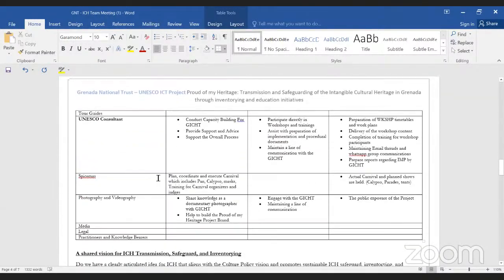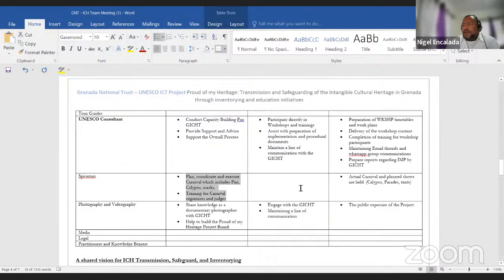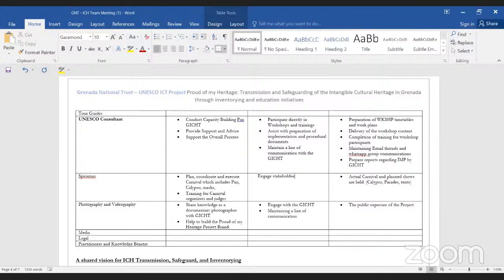All right, let me just complete this here. So the process would be, what kind of process do you undertake? You will have to engage the community at large. Who would be your stakeholders? The Mass Association, the Carnival committee, all the people who are involved in the production of the Carnival. So the Calypso tents, the leaders of the Calypso tents, the leaders of the steel bands.